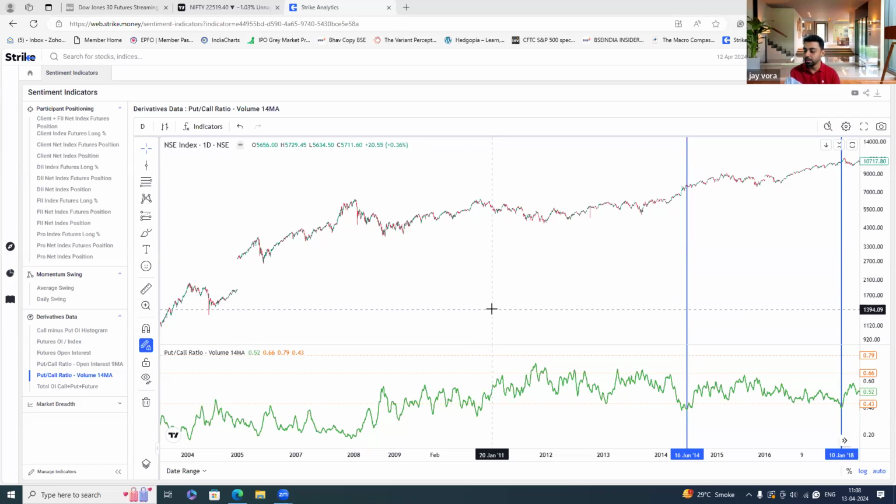But I mean, like I told you, always what is important in these cases is price reversal that should be accompanied. Okay, so when this ratio reaches an extreme on the upside or on the downside, then you would want price reversal to happen for that particular trend.